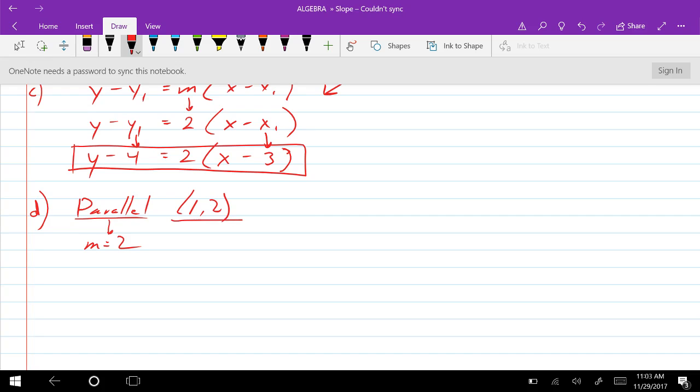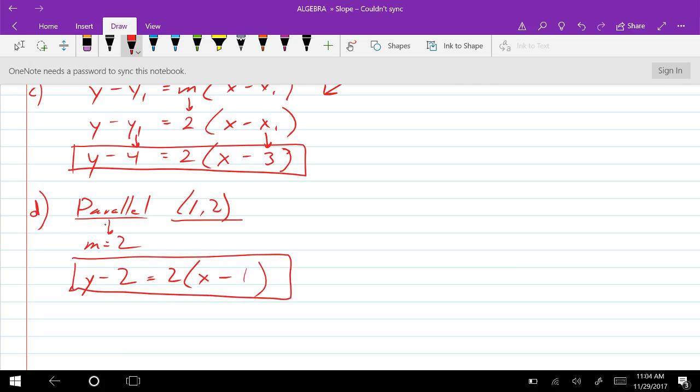And I know it passes through this, so I'm going to plug that in for my point-slope form also. I put 2 in for my m, right? For my y1, that is 2 also, and x1 is 1. Just that easy.